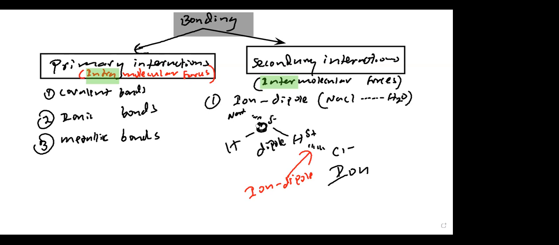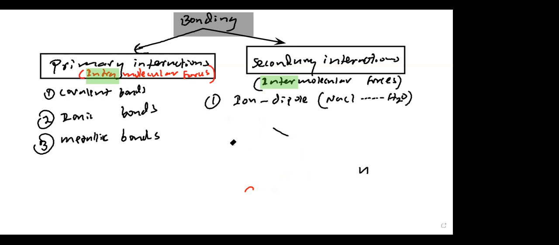I will erase this one. If you want, you can copy down the detail of how it is arranged. The second strongest one is hydrogen bonding, the second type of secondary interaction. Hydrogen bonding is present in HF, H2O, NH3.